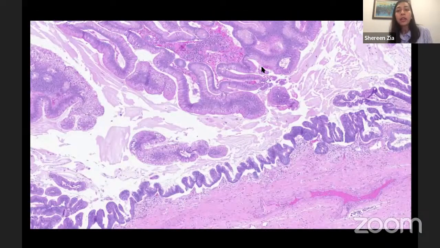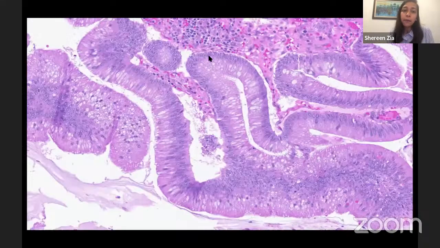Over here, you can appreciate there are two kinds of lesions. This one is different from this part of the lesion. This looks more, in common terms, bluish and more hyperchromatic as compared to this part of the lesion. On higher power, the upper part, or some of the parts of those papillary excrescences, showed, if you can appreciate, a low grade lesion.